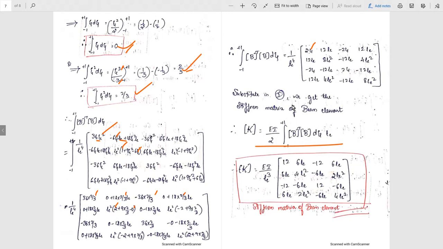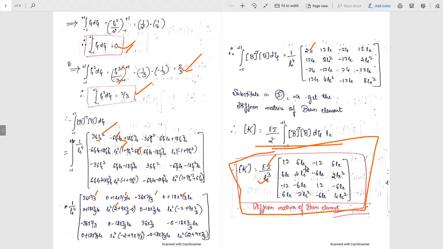Substitute this in this expression, 1 LE will get cancelled out, and the 2 will get inside the matrix, so you will be remaining with half of this matrix and EI as it is. So this is your stiffness matrix of the beam element, which will be used to solve problems.